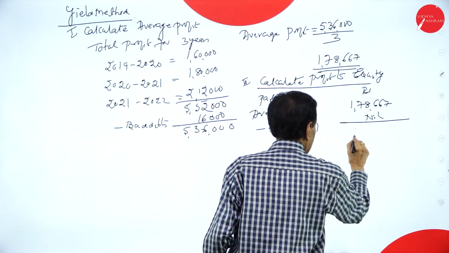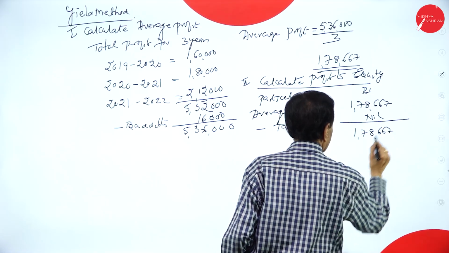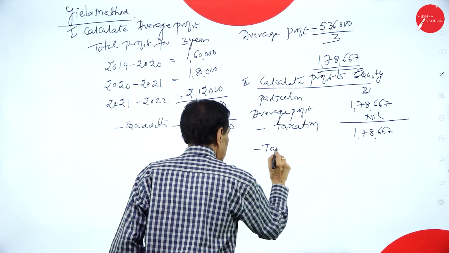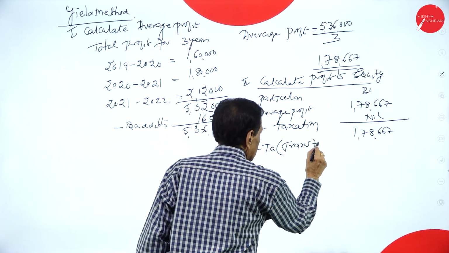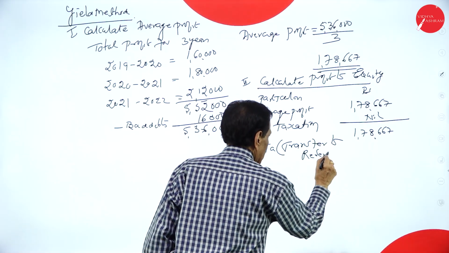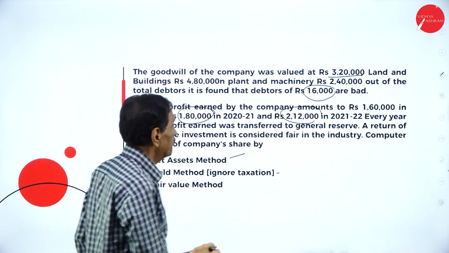Once again, 1,78,667 minus transfer to reserve. What's the percentage?